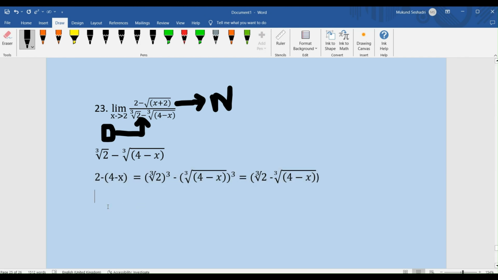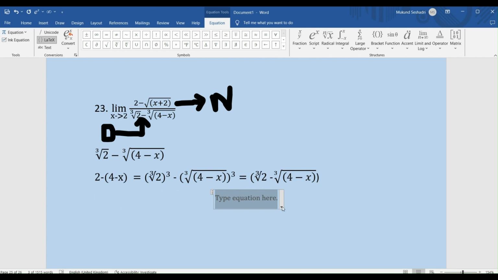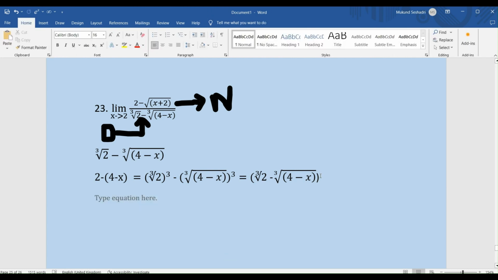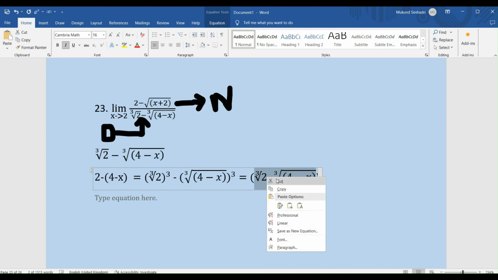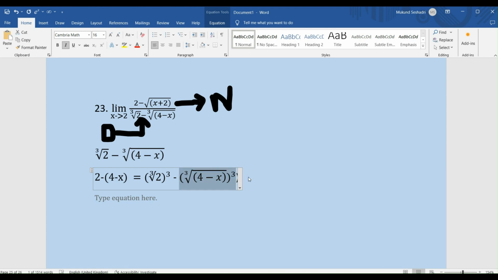And I'm going to move to the next line. Let's write this in the next line. So I think there is a space constraint when you use equations.